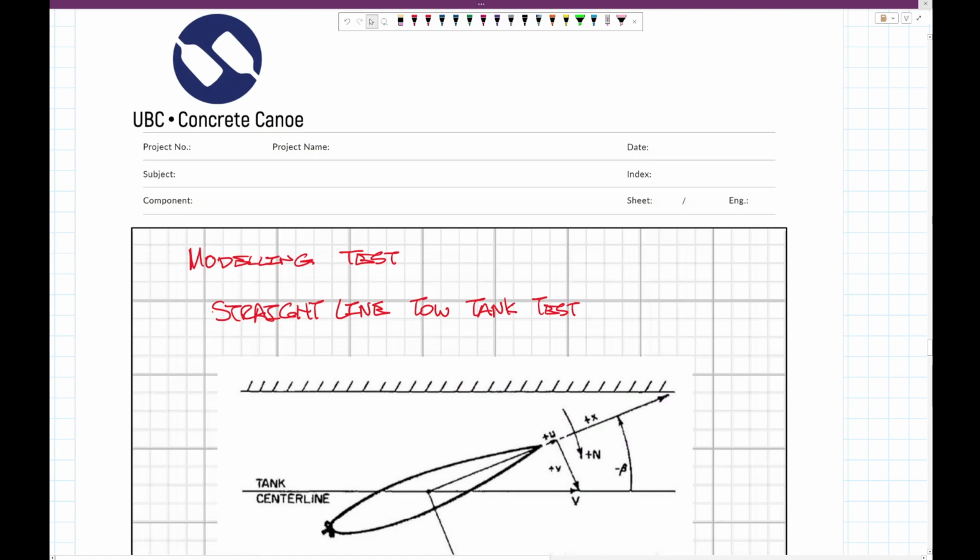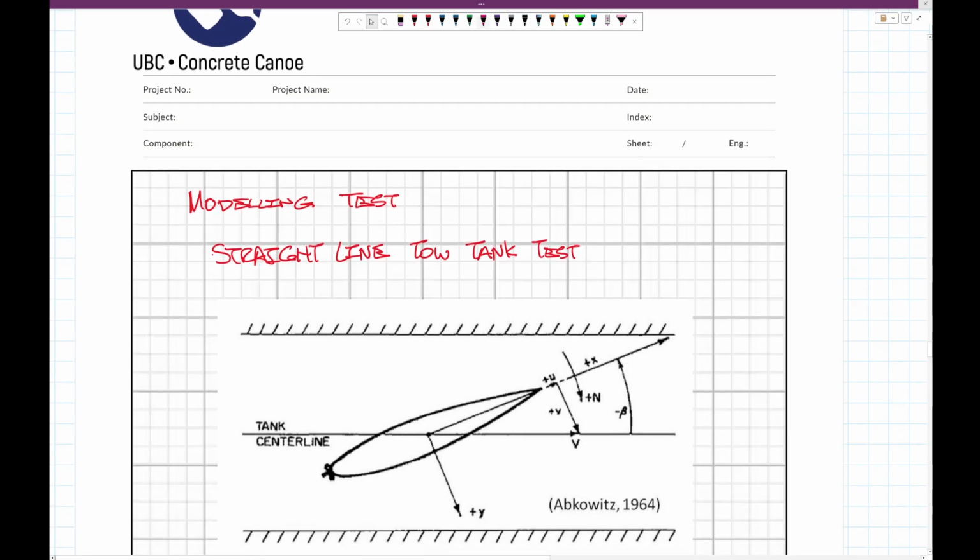This is achieved by something the naval architects have designed called the straight line tow tank test. Basically, they just stuck a boat in a tow tank. Usually it was a model, though, so it was a little bit smaller. They would attach it to a string and tow it along at a certain drift angle, and then they would measure the forces and the moments on the boat.